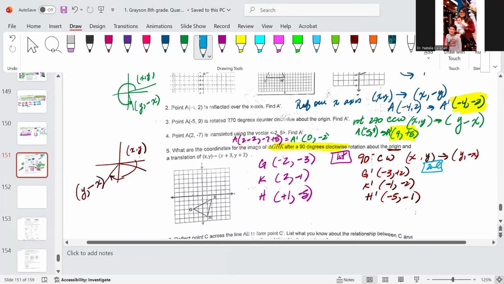Your second transformation is it's just going to be x plus 3, y plus 2, correct? So your G double prime, 0, 4, K double prime, +2, 0, H double prime, -2, 1. And that's your answer.